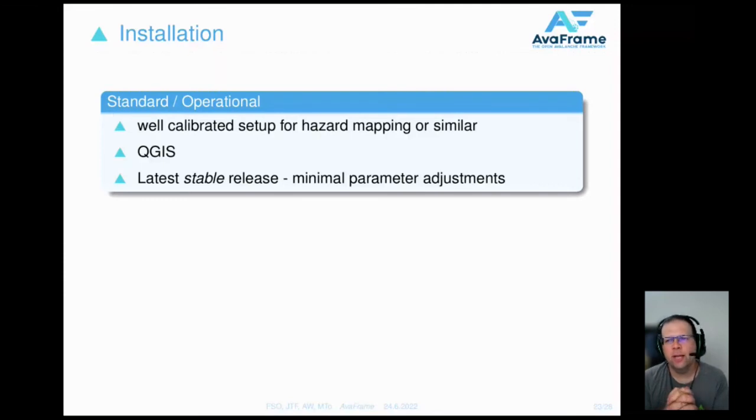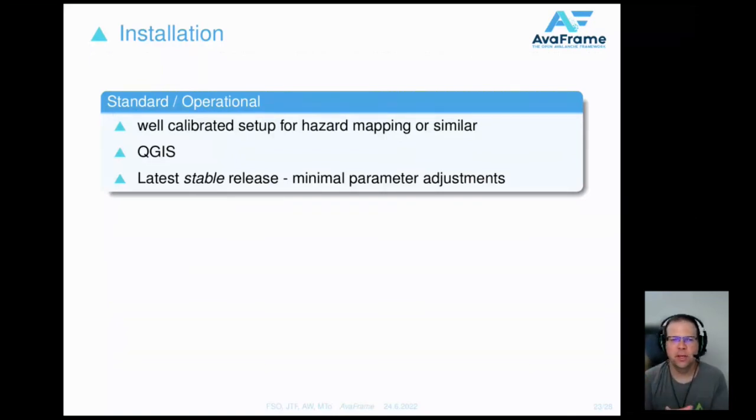If you want to actually try it, you have two ways of doing it. The first one we call the standard operation setup. This is our well-calibrated setup for hazard mapping, the thing that's being used at the WFV. You control it via QGIS, and it is stable. You're only allowed minimal parameter adjustments.